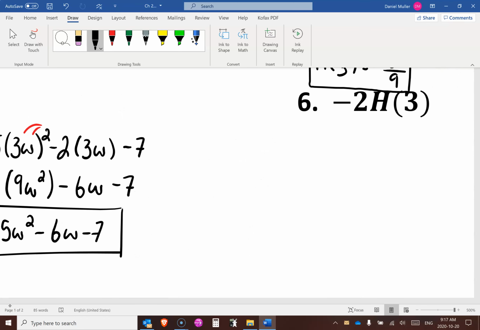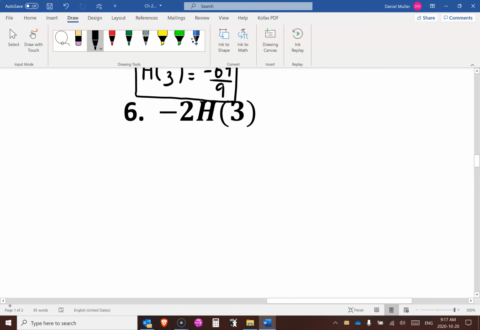So let's take a look at this next one. Now this is -2 times h of 3. So I should probably find out what h of 3 actually is first.